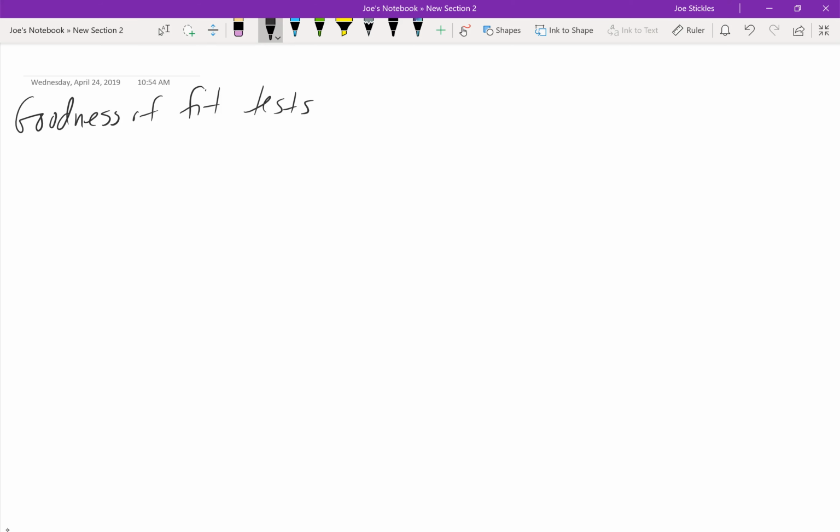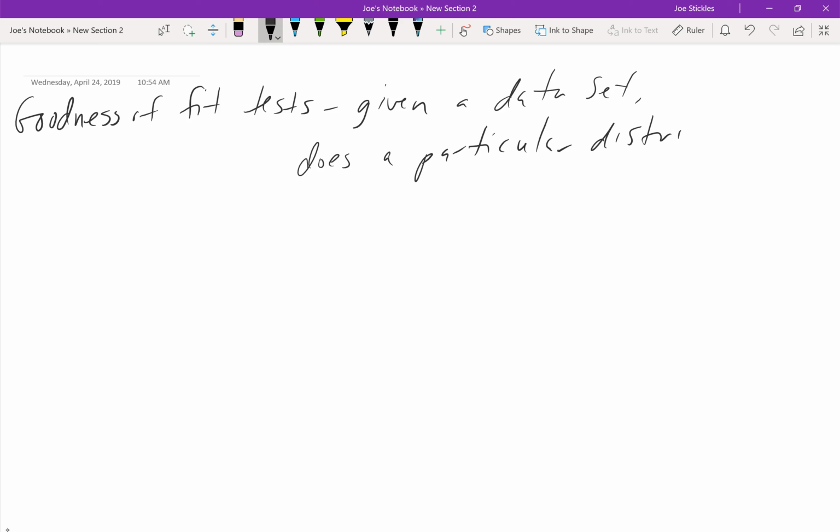And in particular, we had the ones where you were given a data set and asked whether a particular distribution fits that data set.